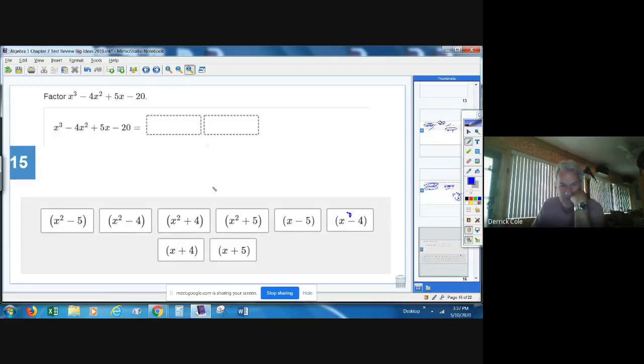Okay. Factor x cubed minus 4x squared plus 5x minus 20. So I got to group and factor. So I got x squared here. What do I get now? When I take it out, I get x minus 4. That means this needs to be x minus 4. Hey, x minus 4.